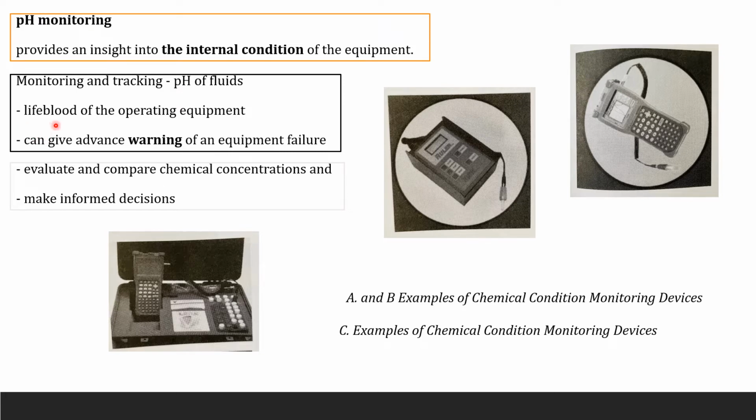And these fluids are the lifeblood of your operating system or equipment. They can definitely give you advanced warning of your equipment failure. So by studying them internally, their solution or fluids, we can predict their failure. Therefore, we can maintain them.